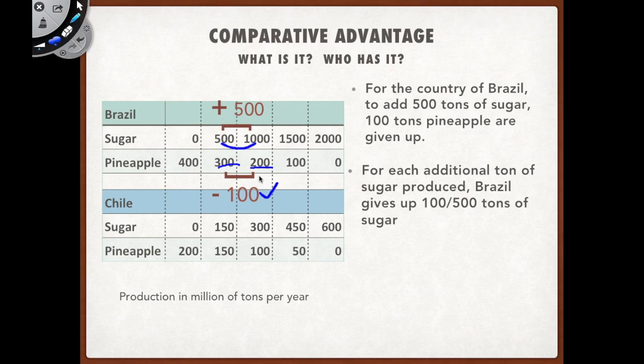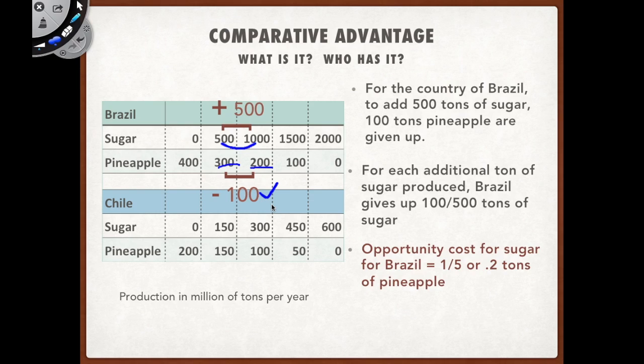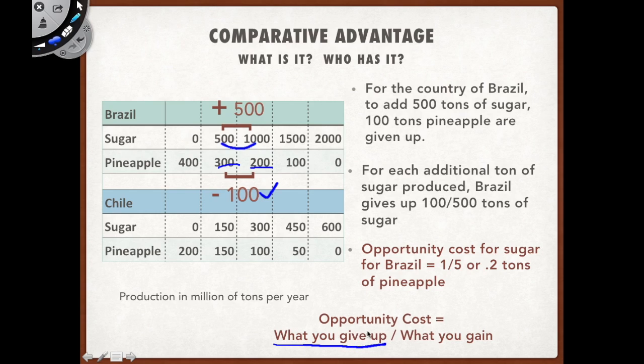And for each ton of sugar that they add, they would give up 1/5 of a ton of pineapple. And how do we get that number? You calculate the opportunity cost by looking at what you give up, and to put it on a unit basis so we can compare from one product to the other, you divide it by what you have gained. So the opportunity cost for sugar for Brazil is 1/5 or 0.2 tons of pineapple.